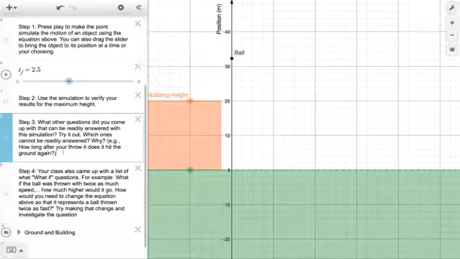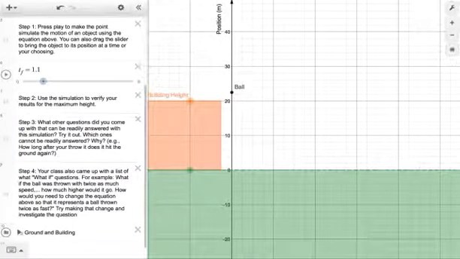Sometimes students will say things like, well, how much total time does it spend in the air? Or if it comes back down and hits the top of the building, how fast does it hit the building? And what I ask students to do is to explore the simulation to get those same things.